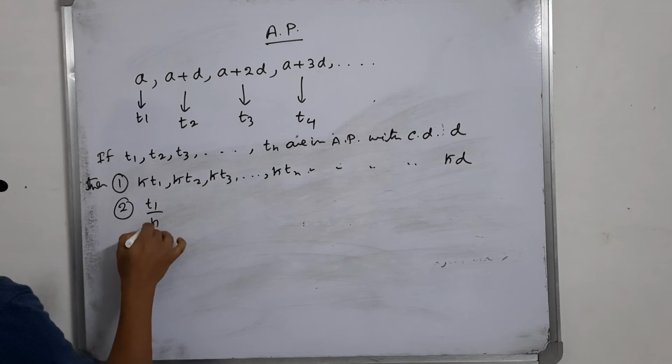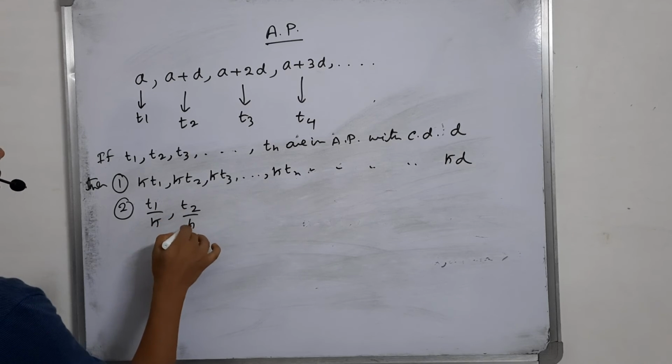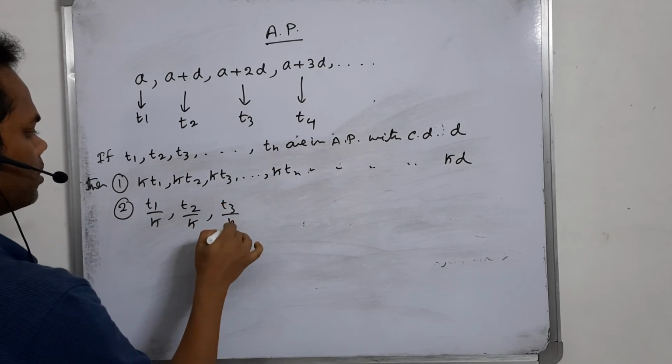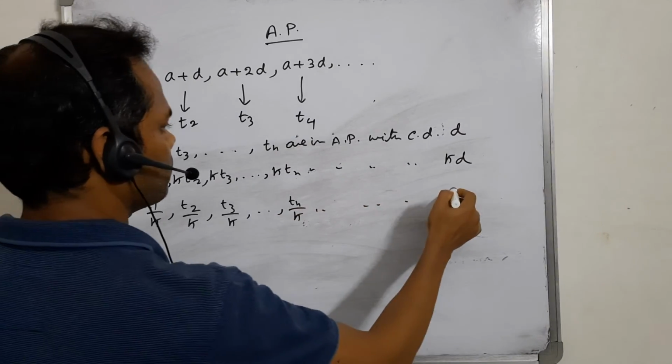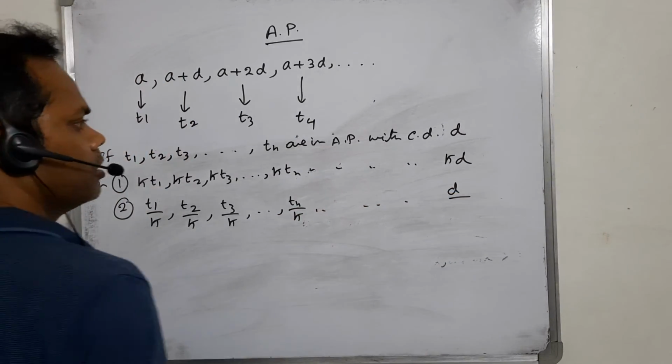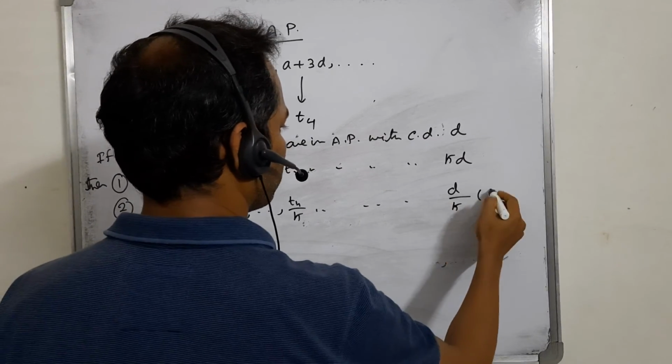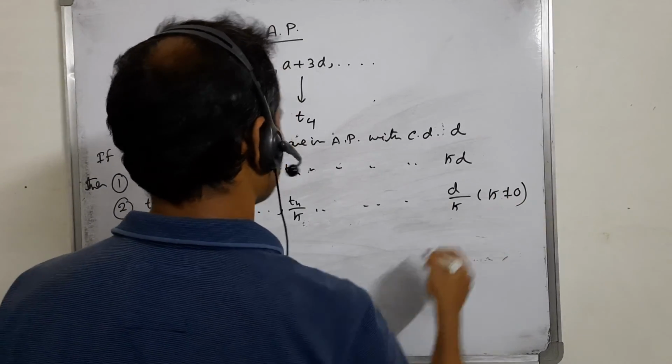T1 by K, T2 by K, T3 by K, dot dot Tn by K are in AP with common difference D by K, where K is not equal to 0.